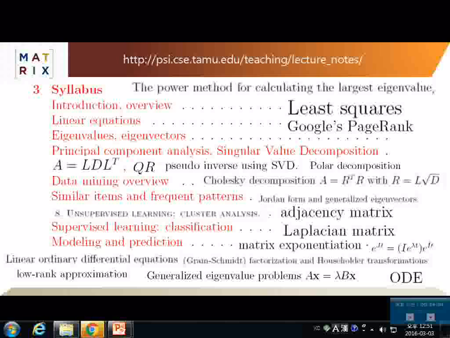Then we can save a lot of computational time, which is very important when you have large data. And in order to find the generalized Jordan canonical form, we need to know about generalized eigenvectors, because not every matrix is diagonalizable.